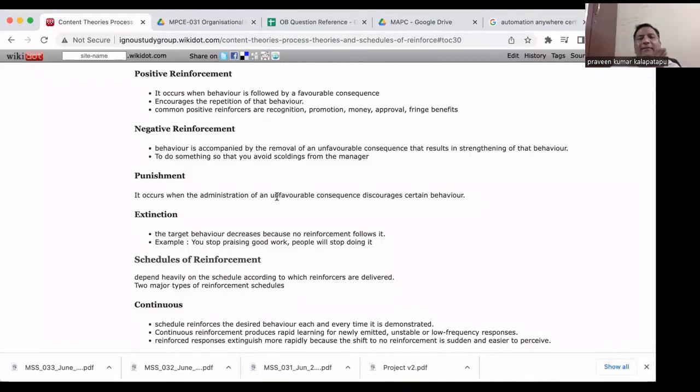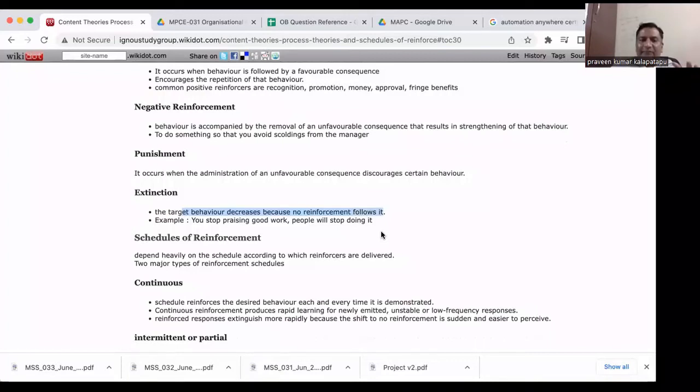So that entire behavior will get extinct. The target behavior decreases because there is no reinforcement that follows it. That is the extinction part of it. The behavior gets extinct because there is no reinforcement that is going to come.